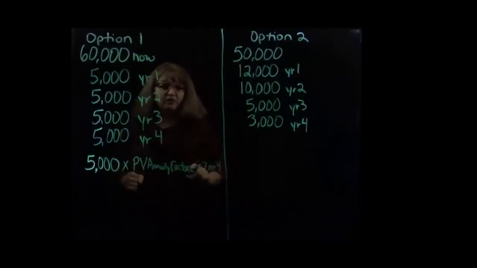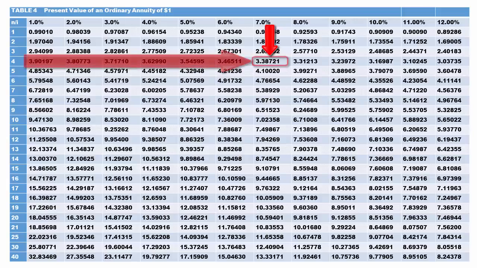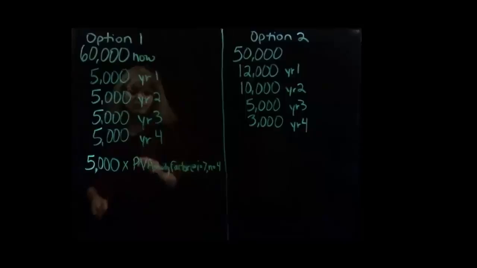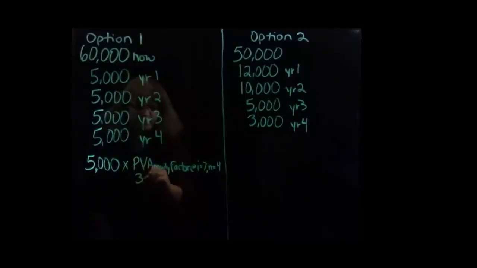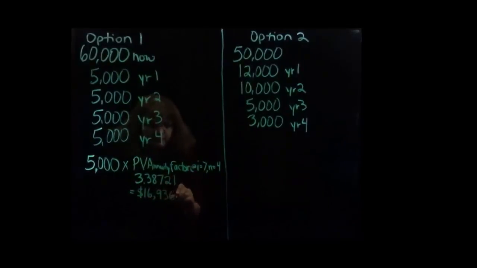If we look that factor up in our tables, give you a minute to look at the table. We find that that factor is 3.38721. And if we multiply $5,000 times the 3.38721, we get $16,936.05.